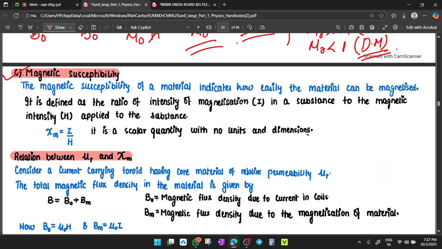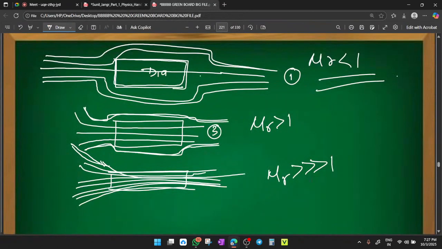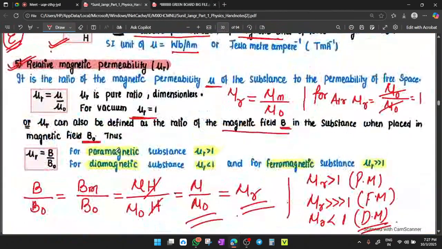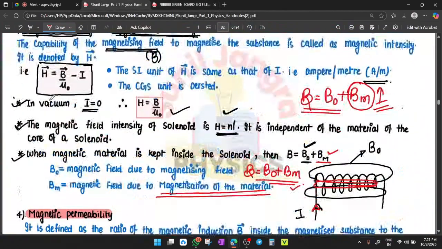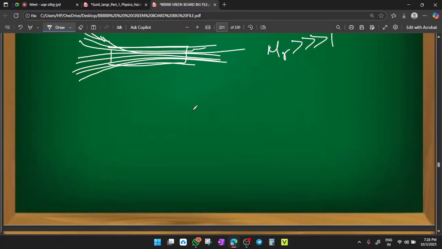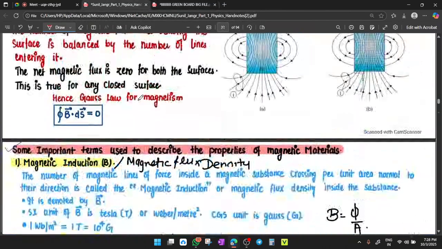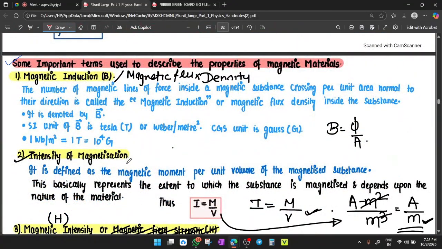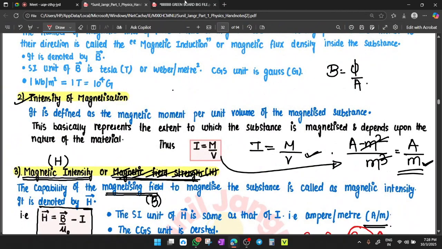Clear? See, on applying magnetizing intensity H, there is I. What is I? Yesterday we learned I, intensity of magnetization. So both the terms are very much confusing.